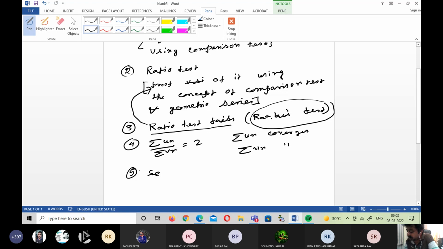Then the last part of the class we will discuss about series with negative terms. Keep in your mind that it is series with negative terms, not series of negative terms.